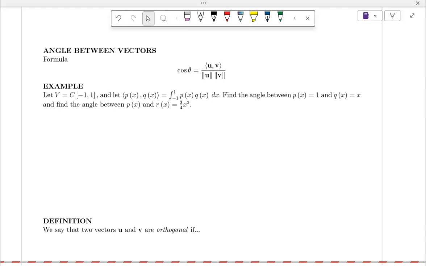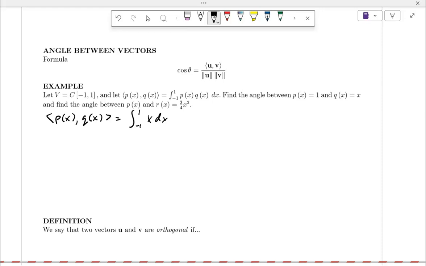So if I do the inner product of p of x and q of x, what function are we going to integrate? What's p of x? And what's q of x? So what are we going to integrate? x dx, right?